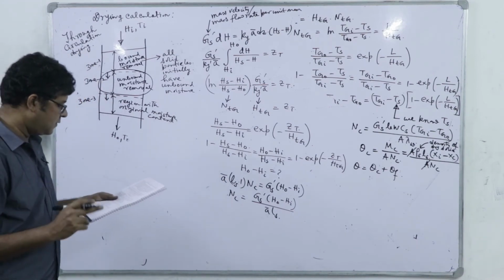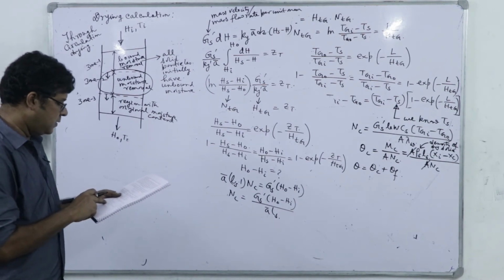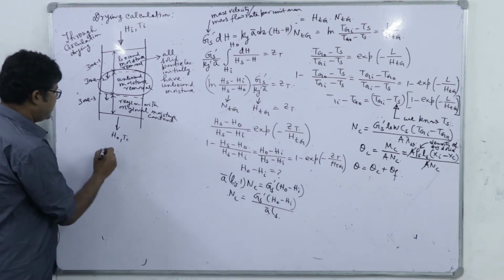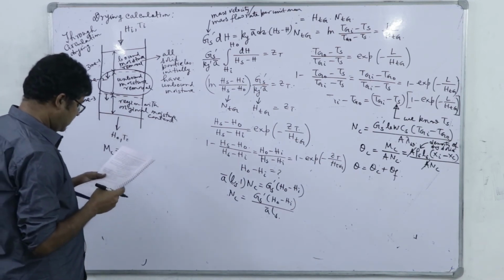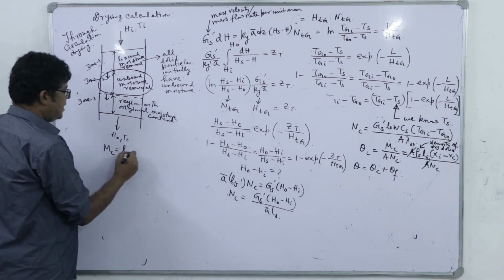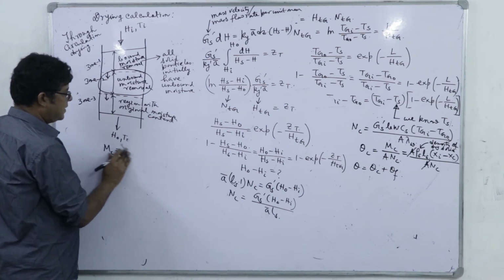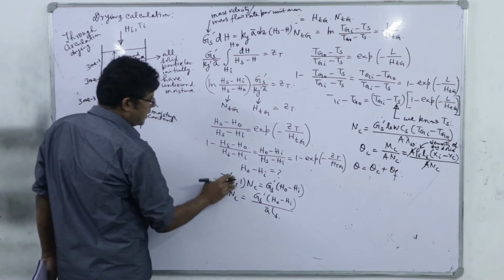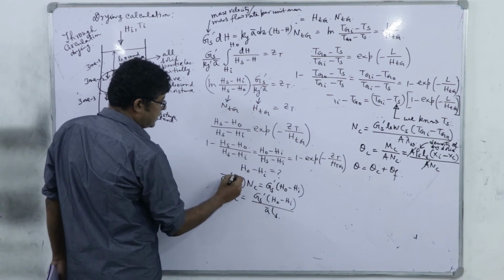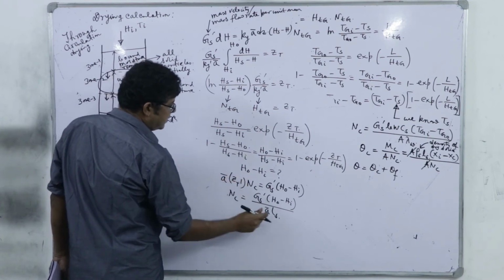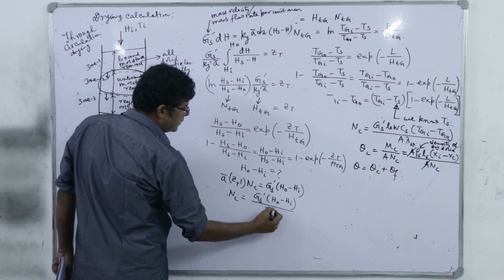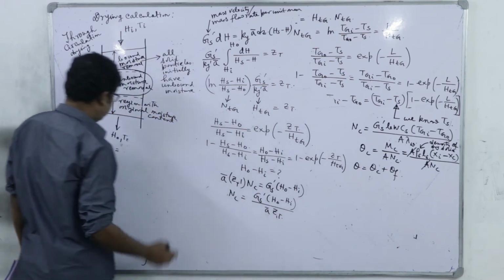So once NC is obtained, the moisture to be removed in the constant rate drying period, MC, is equal to LS, or rather ZT. So here we should not write LS, this is ZT, we have a change in notation, ZT as we have used there.